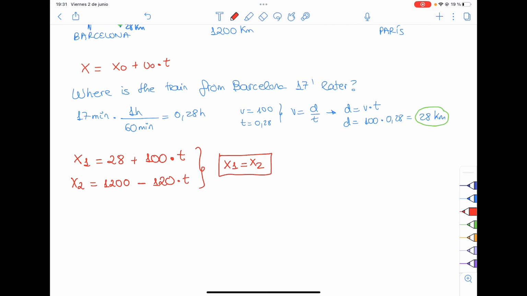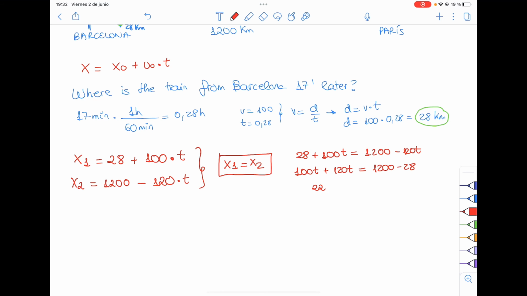So 28 plus 100t is equal to 1,200 minus 120t. So I'm going to move all of this to the other side, and I'm going to place the t's together. So 100t plus 120t equals 1,200 minus 28.